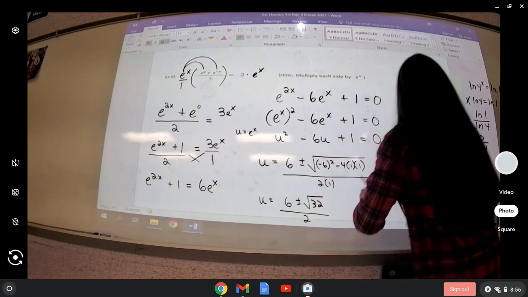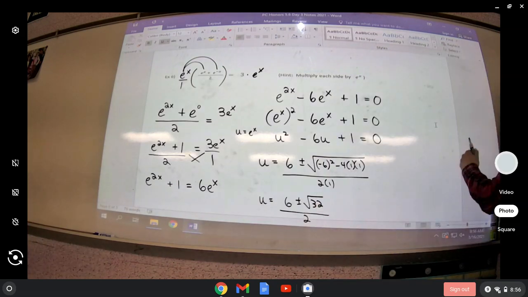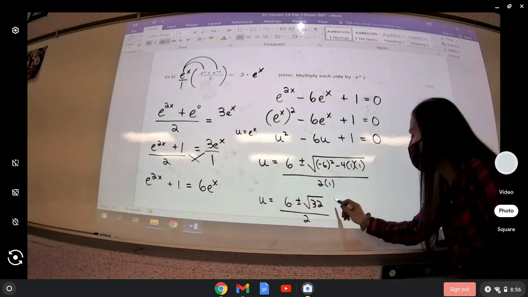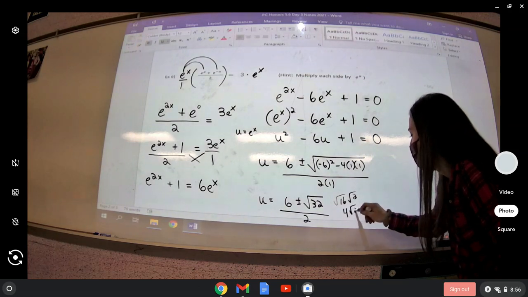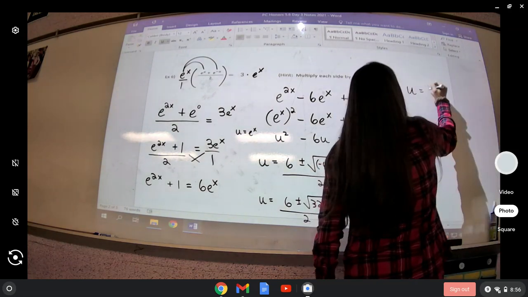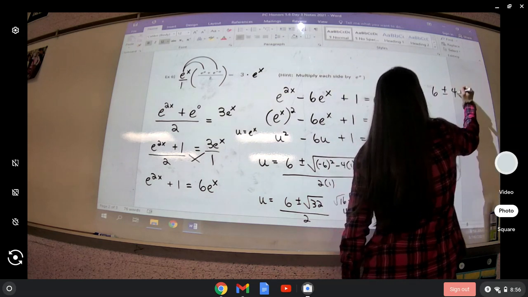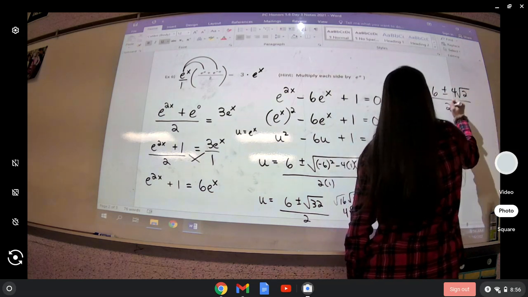All right, let's clean that up. That's what? The square root of 16 times the square root of 2, that's 4 root 2. So u will equal 6 plus or minus 4 root 2 over 2.